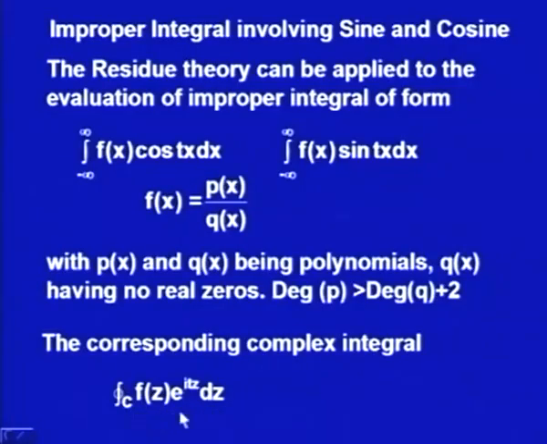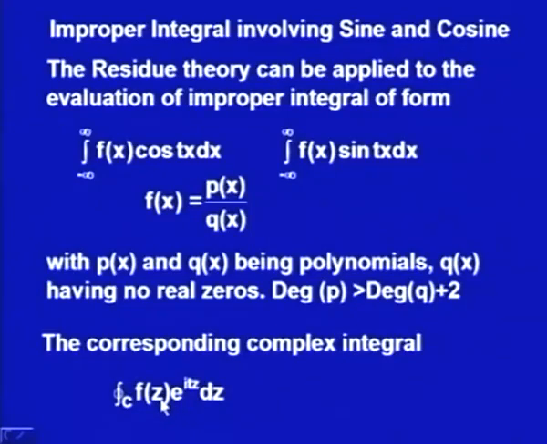Thus, whatever answer we get for this contour integral is a complex value. So we compare the real and imaginary parts, and accordingly we are able to get the integrals of f(z) cos(tz) and f(z) sin(tz).